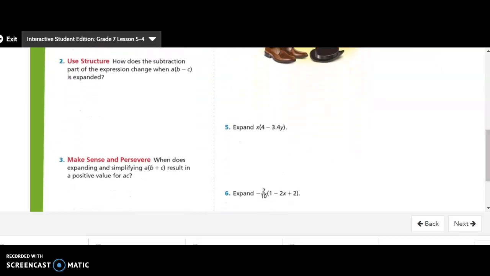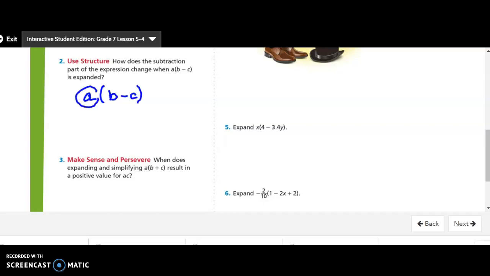So step number 2, how does the subtraction part change when this expression a times b minus c is expanded? So here we see an example where we can use the distributive property even if there's no numbers whatsoever. So I'm going to rewrite this a little bit bigger so that we can see how it works. A times b minus c.